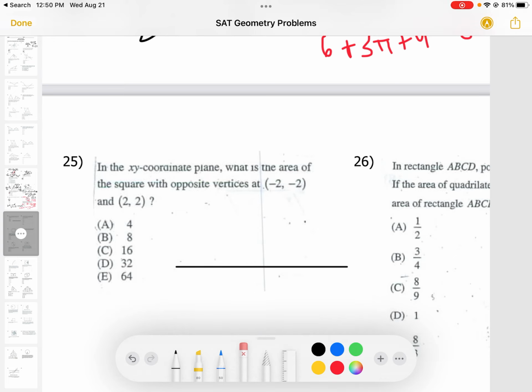Let me straighten this line right here. Just draw that. Yeah, okay. So let's say the point 2, 2 is right here. With the point -2, -2 will be right there.